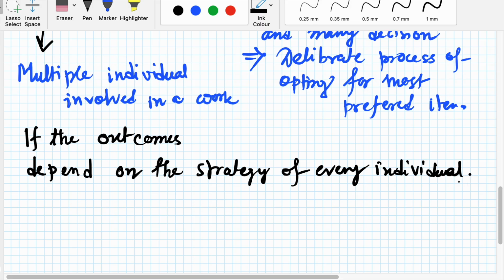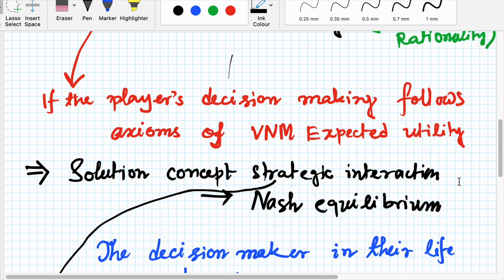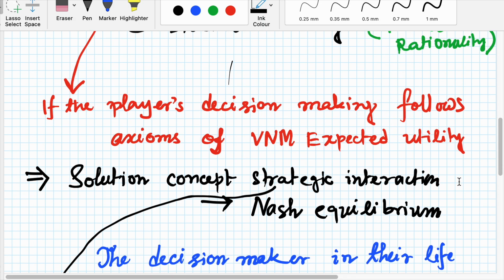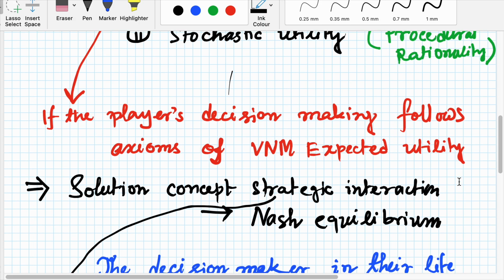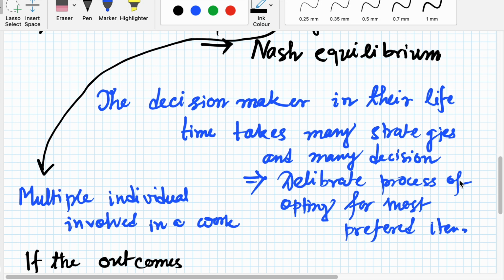Why we are talking about this will be clearer when we introduce evolutionary game theory, where strategic interaction is present but a little different from these processes. So when the individuals are rational, the solution concept is Nash equilibrium.